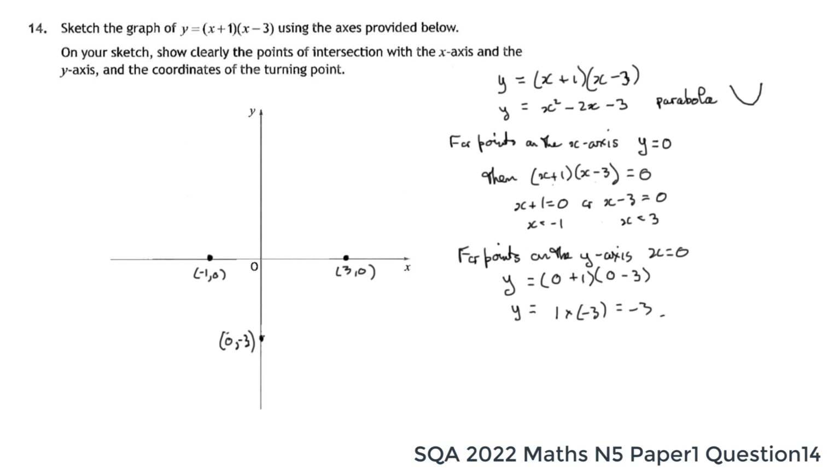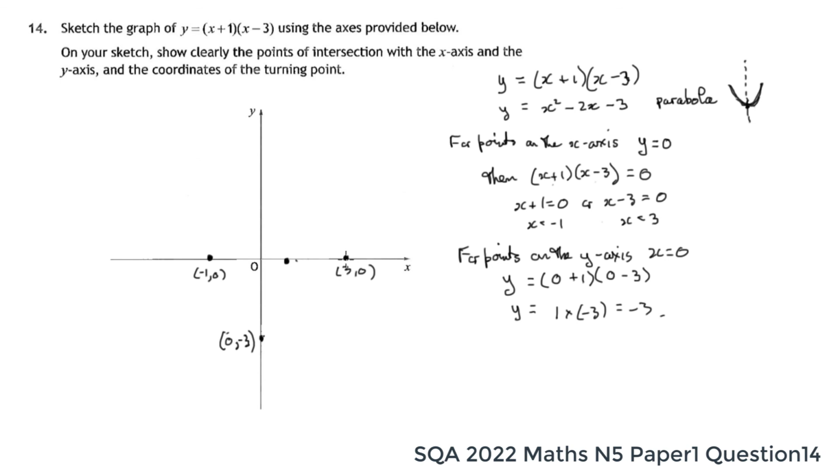There's the two x-intercepts, there's the y-intercept. Now we're probably at a stage where we can sketch in the graph. The only other thing to consider, and this gets us on to the last one, is that parabolas have axes of symmetry, and they pass through, in this case, the minimum turning point. So where would that axis of symmetry be? The gap between -1 and 3 is a distance of 4. Half of that is 2. So if we go 2 to the right from -1, we'll end up at 1.